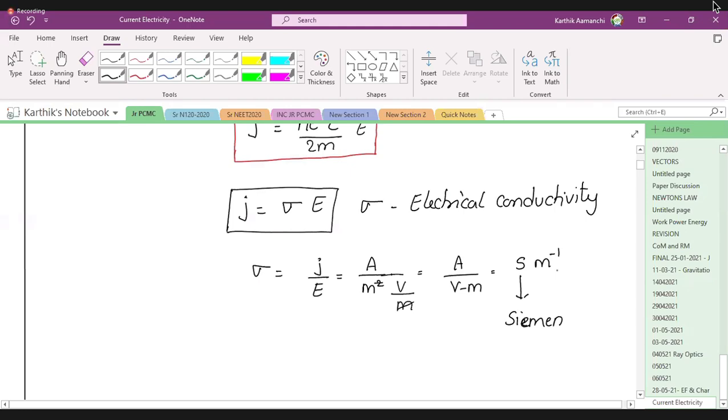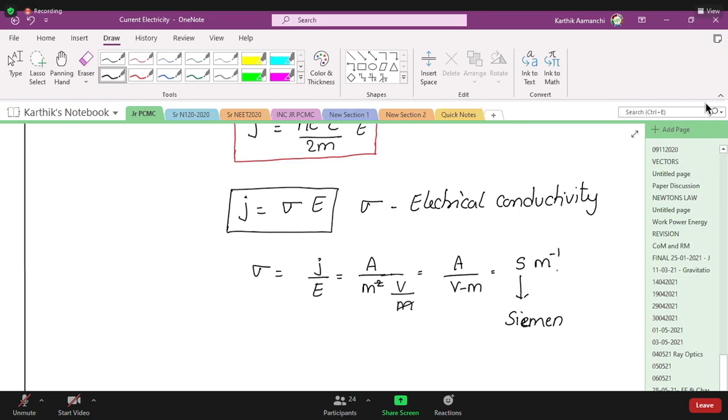So if somebody asks you to define electrical conductivity, how do you define it? It is defined as your current density over the given electric field.